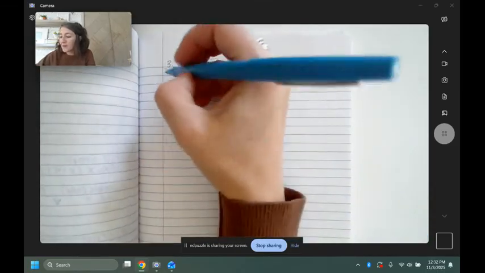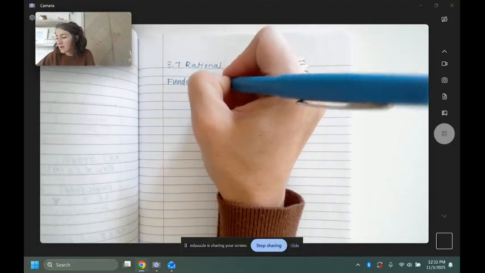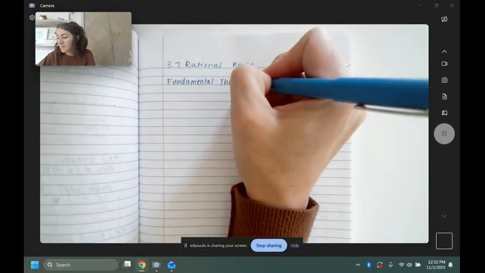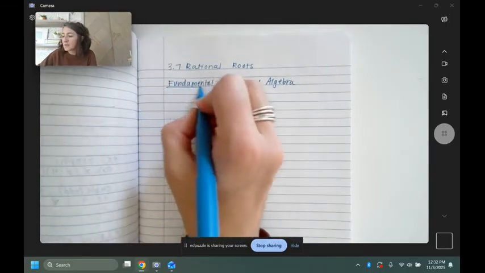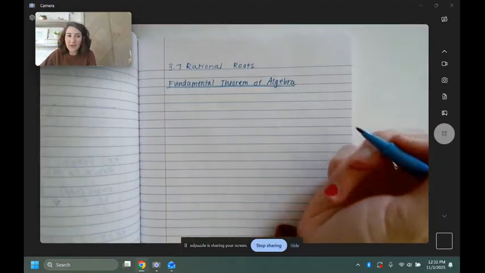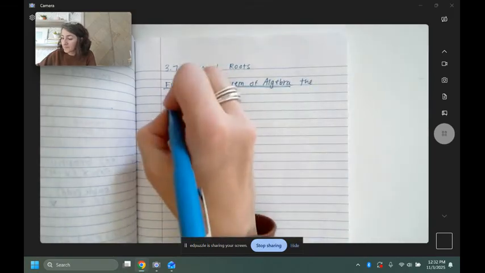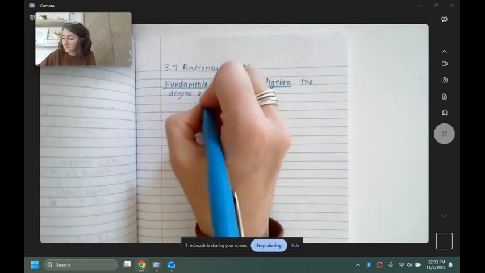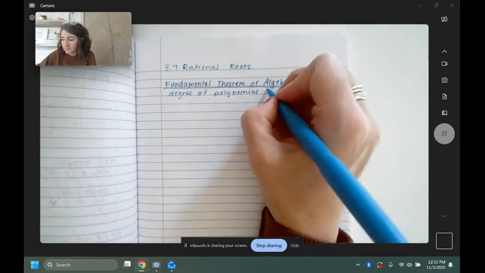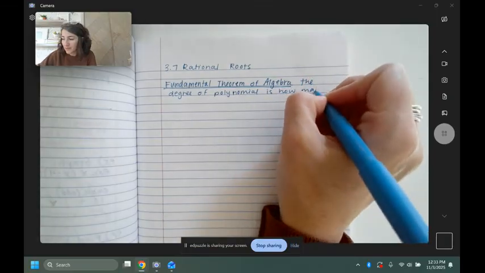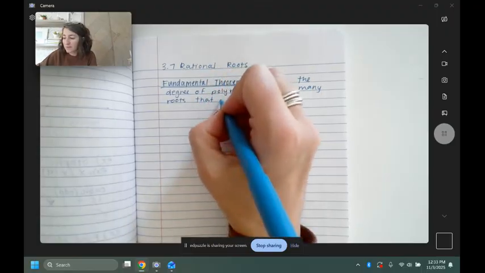The fundamental theorem of algebra says that the degree of your polynomial is how many roots that function will have.